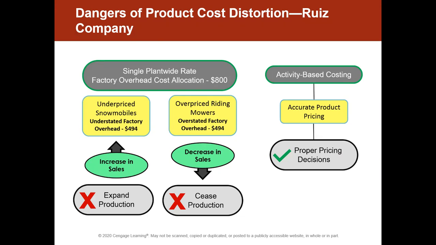So now we're selling the low cost one and the low profit margin one and not selling the ones that are helping cover our costs. With activity-based costing, in essence, knowing what our costs are is going to help us price products appropriately. And then that's going to impact that we're going to be selling the right product mix and so forth.